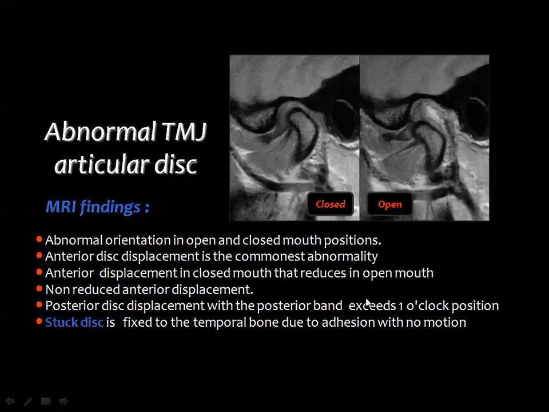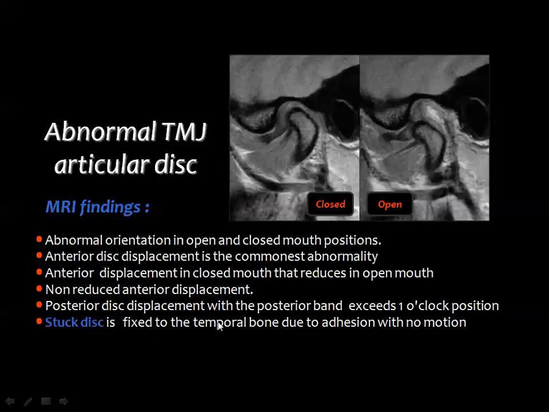Then the abnormal orientation of the disc relative to the mandibular head and the articular eminence in both opening and closed mouth. Anterior displacement of the disc, as I have mentioned, is the most common finding, and the disc may reduce to its normal position during open mouth, and sometimes the disc is not reduced during the open mouth, as you can see here.